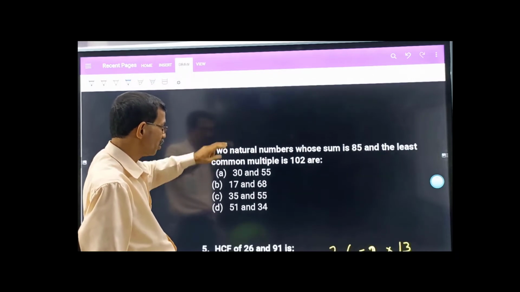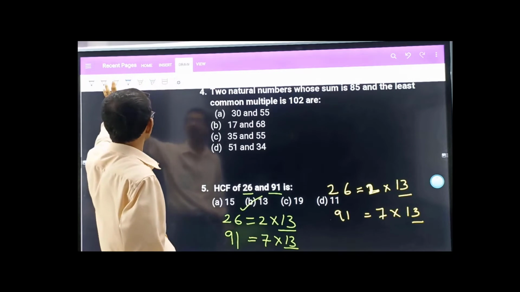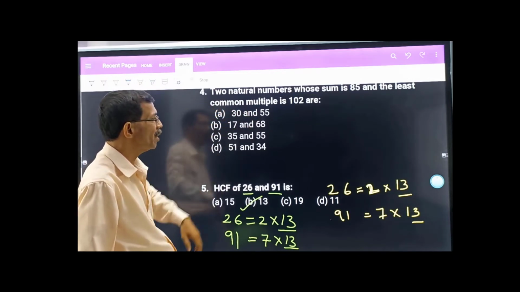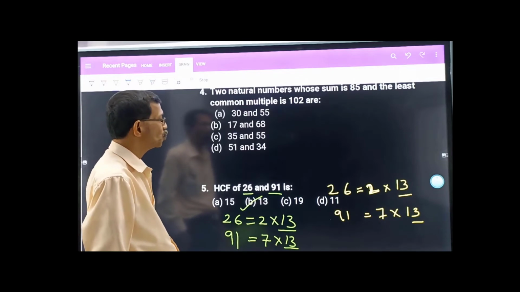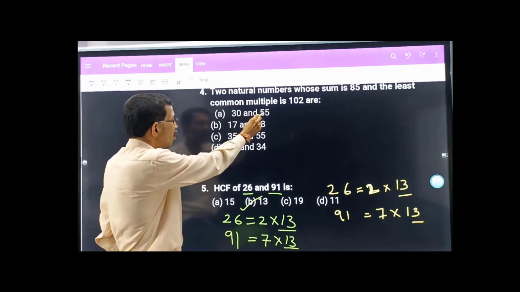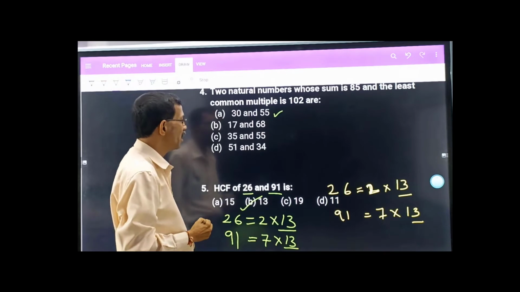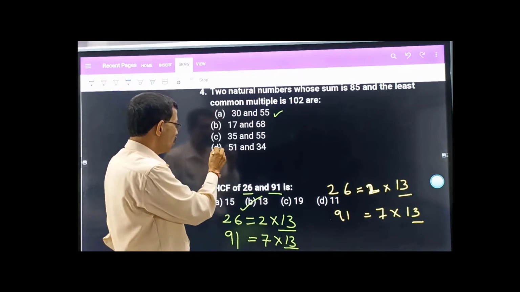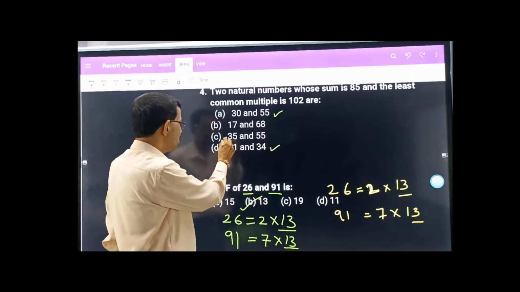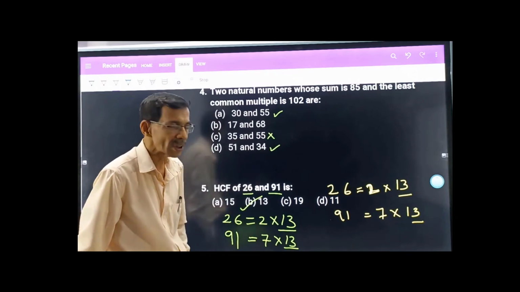Let us move to question number 4. Two natural numbers whose sum is 85 and the least common multiple is 102. So here the sum 30 plus 55 is equal to 85, whereas 51 plus 34 is also 85, whereas 35 and 55 becomes 90, so this cannot be the answer.